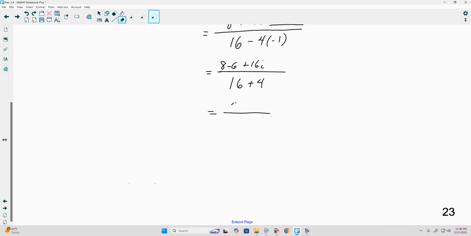Now 8 minus 6 is 2, plus 16i over 20. Now all three terms do have a common factor of 2 that can be reduced. And if we reduce that 2 out of the top, we get 1 plus 8i over 10.